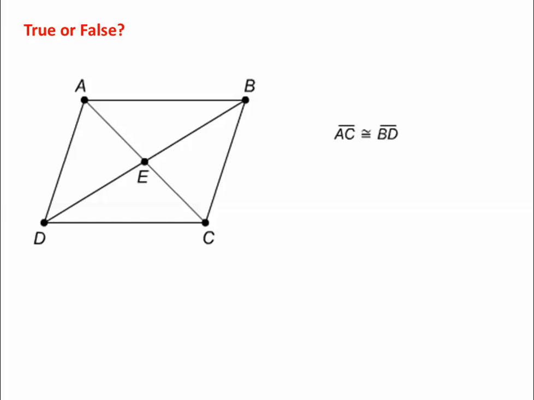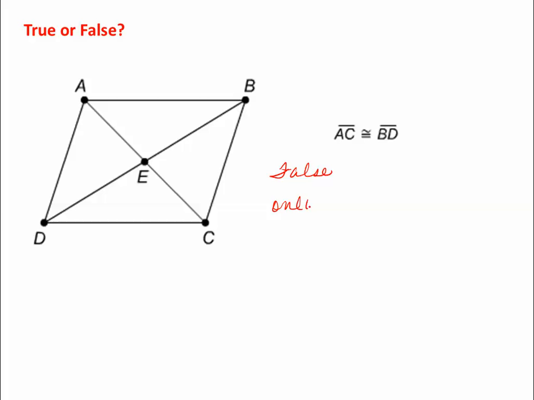Is segment AC congruent to segment BD? So AC congruent to BD. There again, we're going to say false, because it's a parallelogram. The only way the diagonals will be congruent is if it's a rectangle or a square. Okay, and the figure is obviously a parallelogram.